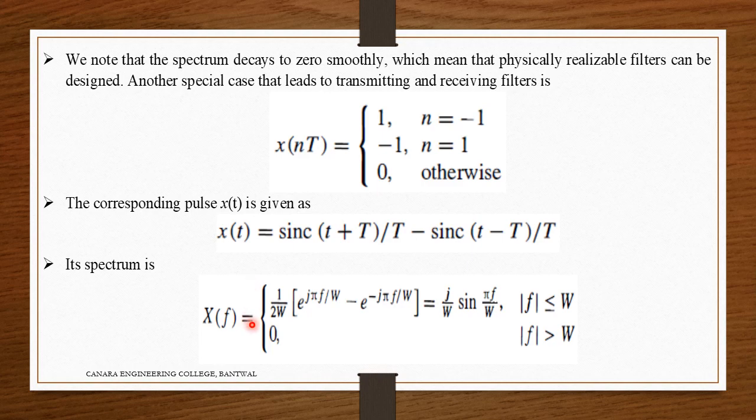Its spectrum is X of f equal to 1 by 2w into e raised to j pi f divided by w minus e raised to minus j pi f divided by w, that is equal to j by w into sin(pi f divided by w) for mod f less than or equal to w, and also 0 for mod f greater than w. So this is how we represent those things.